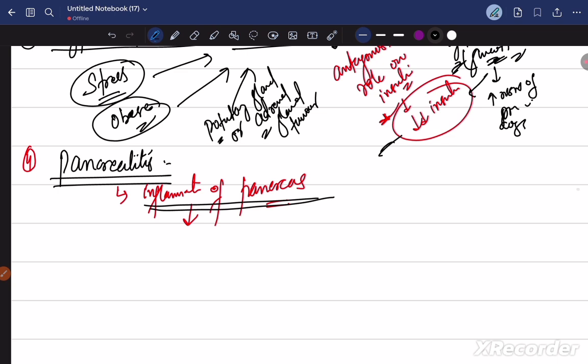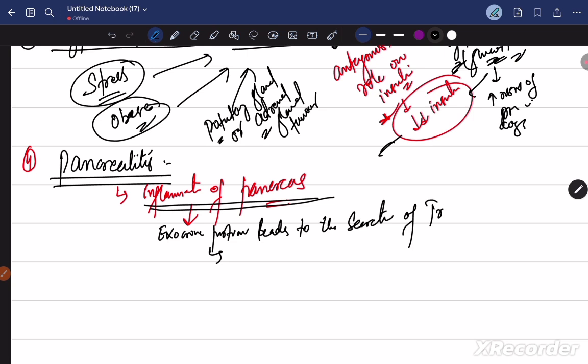Whenever there is inflammation of the pancreas, the exocrine portion leads to the excretion of trypsinogen.